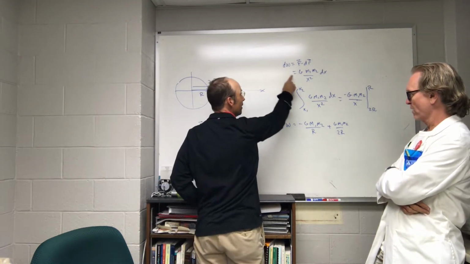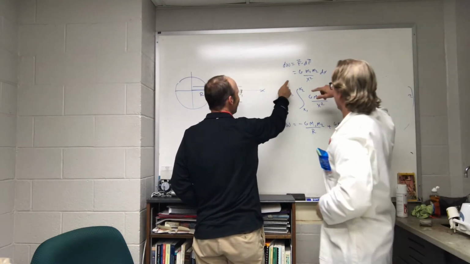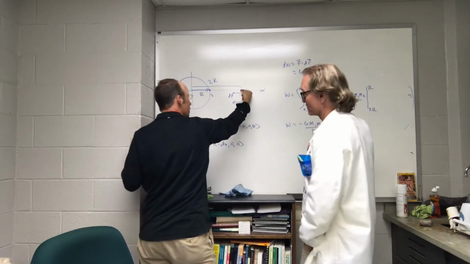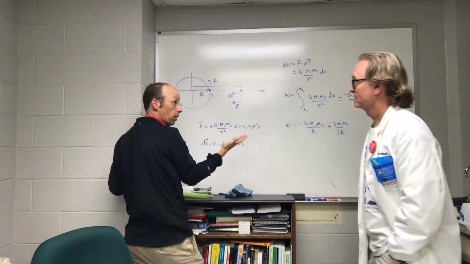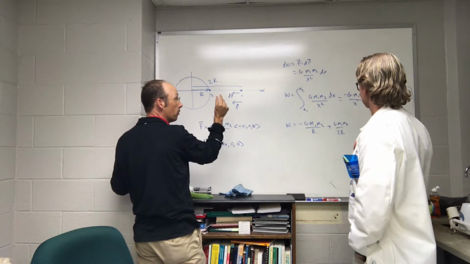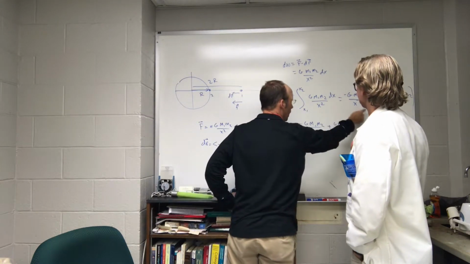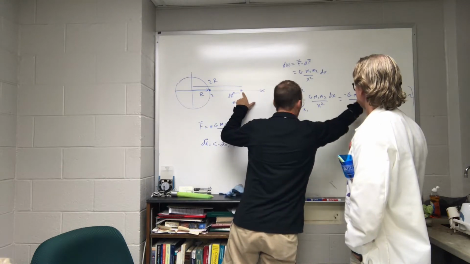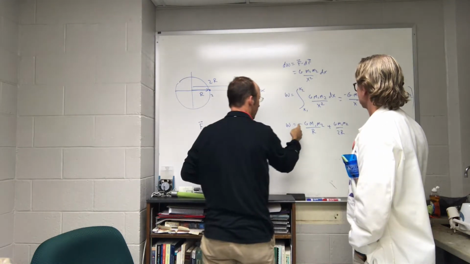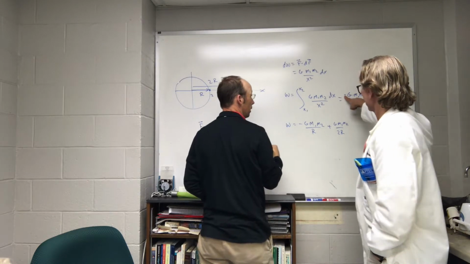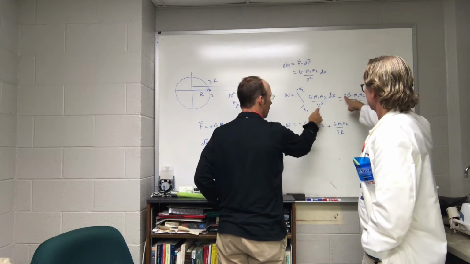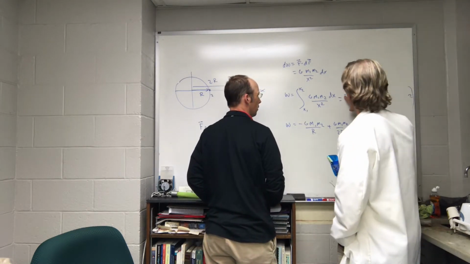F dot dr is positive. That's right, which makes sense, because it's going to pick up speed. And a dW. But then when I do the integral from x1 to x2 of this, I get a negative, going from 2r to r. You're already wrong here. Well, if I integrate this, don't I get a negative? Something's got to be wrong.